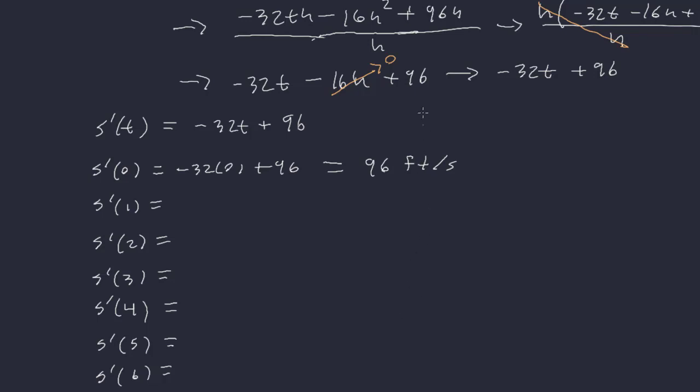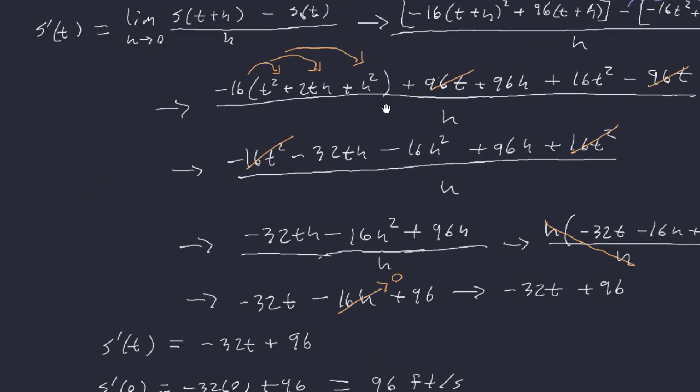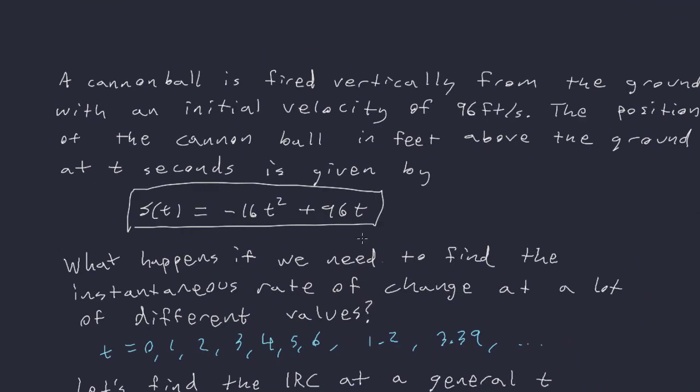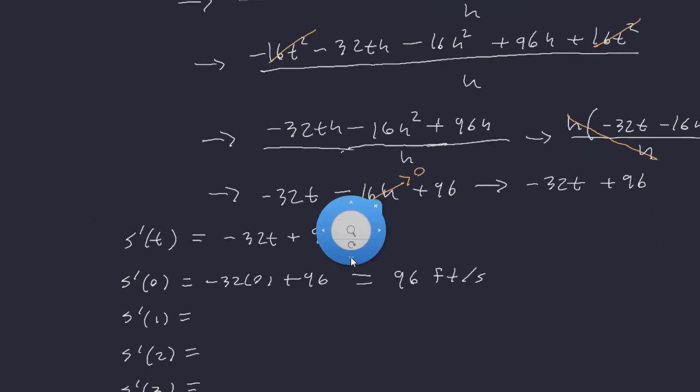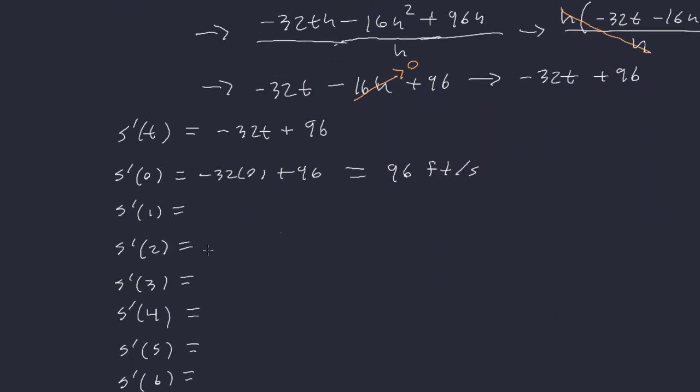That makes sense because that is the initial velocity of 96 feet per second. So that's what we should get for s prime of 0.